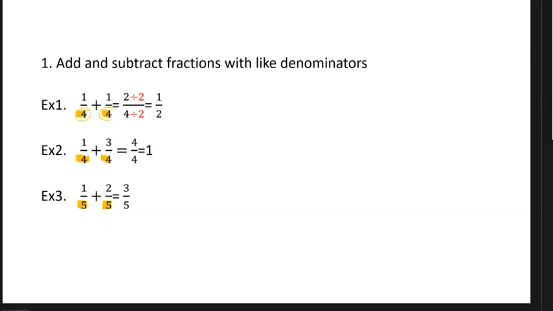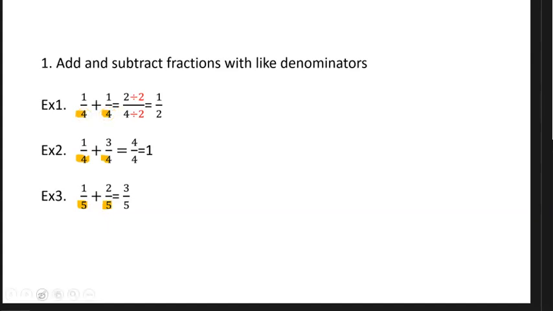The 4 at the bottom indicates that the coin is a quarter. That's actually why we call the bottom number the denominator, because it's the denomination of the coin, which is a quarter.